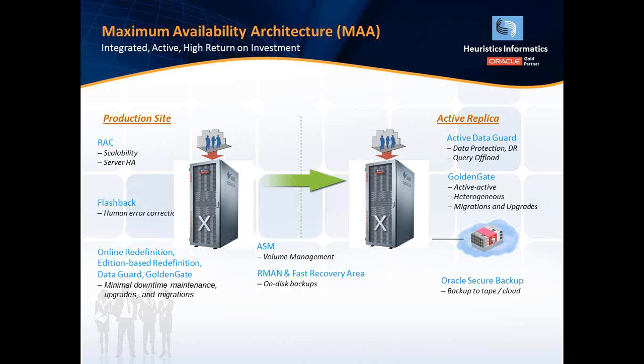Then you've got online edition-based redefinition, which is a new feature of Database 11g Release 2, which allows you to keep your database up and running even during maintenance activities such as patching and upgrades. These are high availability features only on the local production data center.